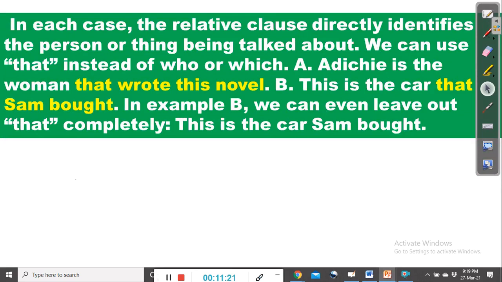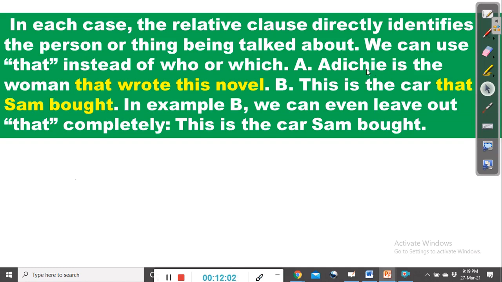Now, let's probe further into what a defining relative clause is all about. We have seen the two examples, and we have seen that in each case, the relative clause directly identifies the person or thing being talked about. We can use the relative pronoun that instead of who or which, because that is a very important relative pronoun that we use in a defining relative clause.